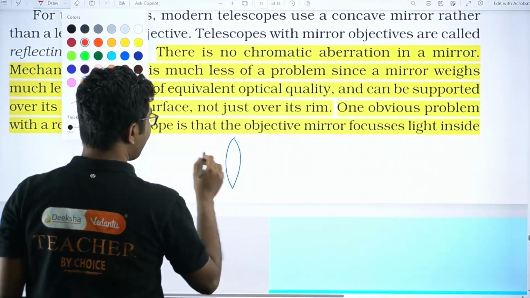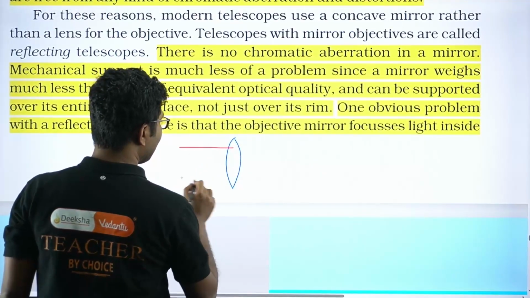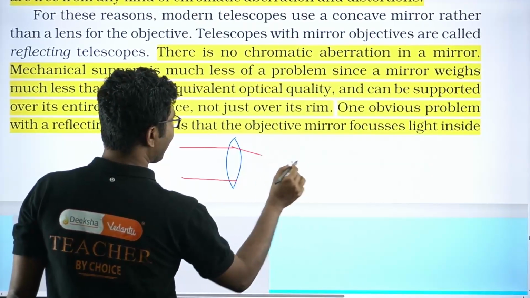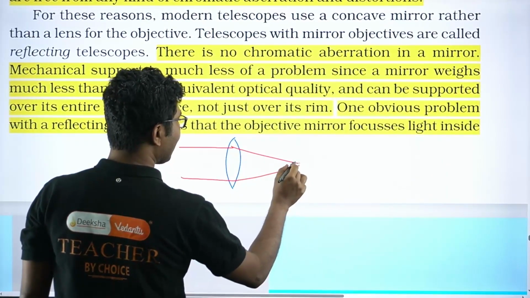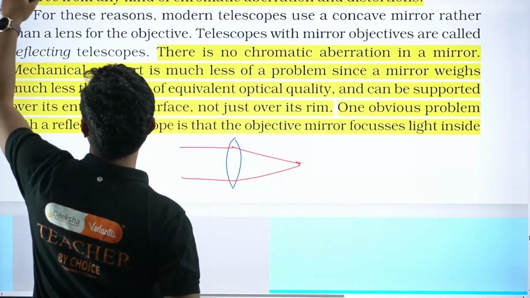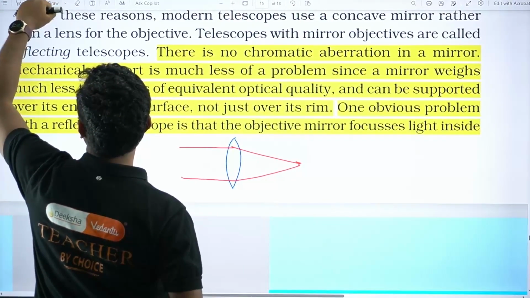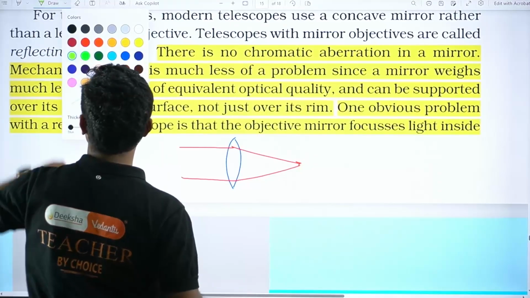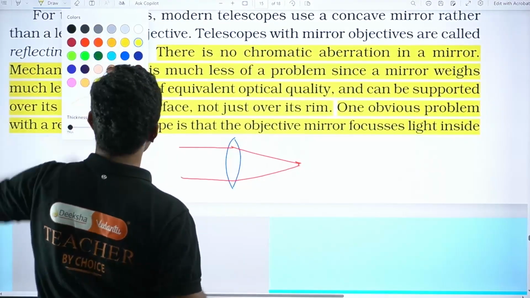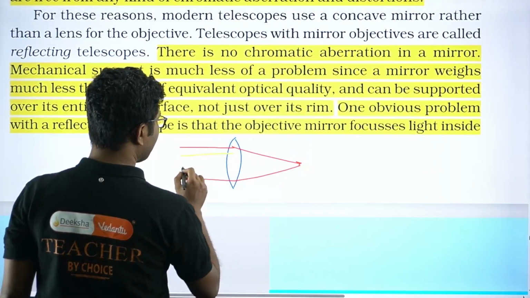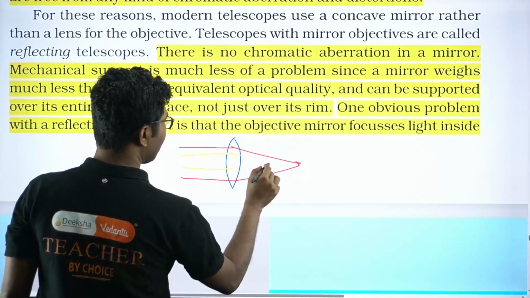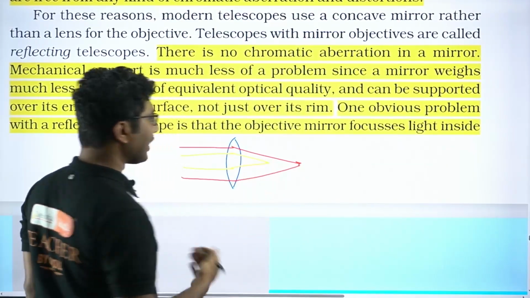Red light entering the lens will get refracted and converge at some point. And suppose I am using a yellow light. After falling on the lens, it will converge somewhere at a different point.